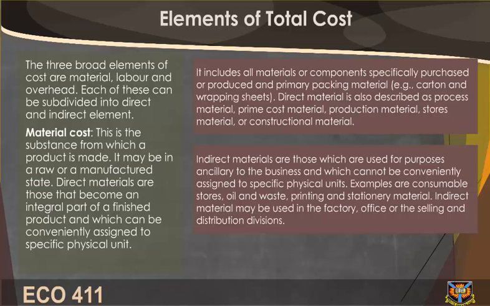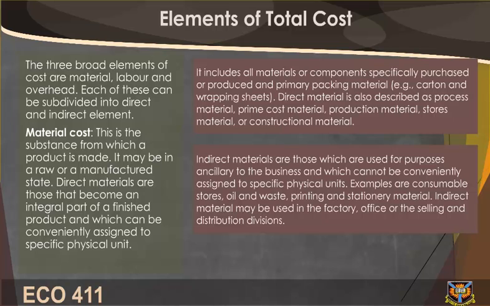It includes all materials or components specifically purchased or produced and primarily packaging material, for example, carton and wrapping sheets. Direct material is also described as process material, prime cost material, production material, stores material, or constructional material.